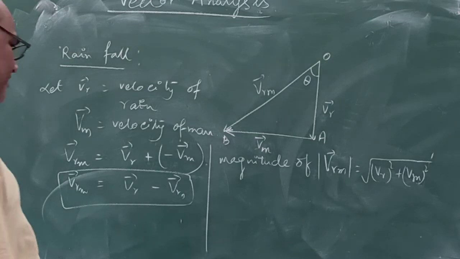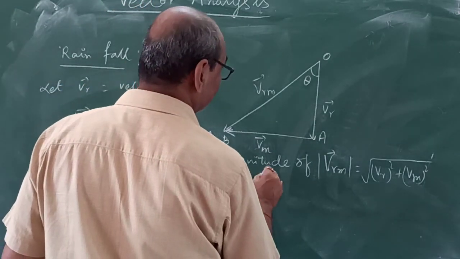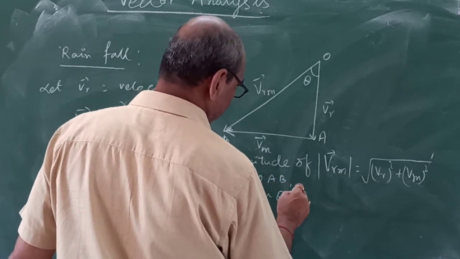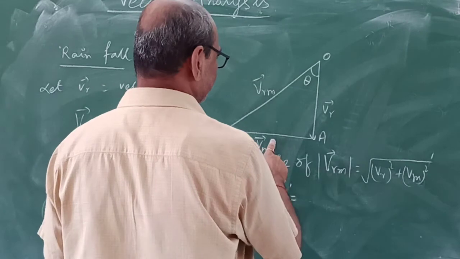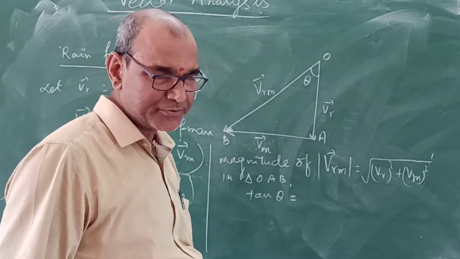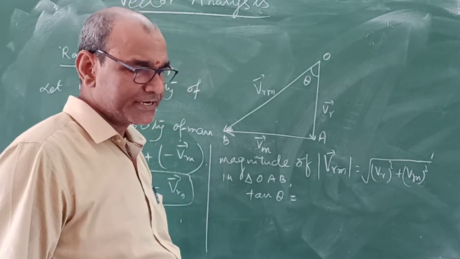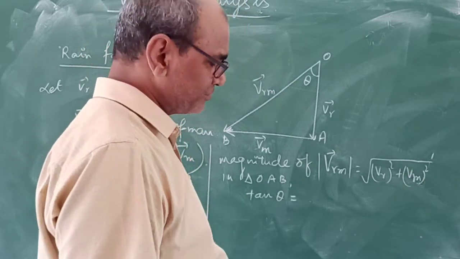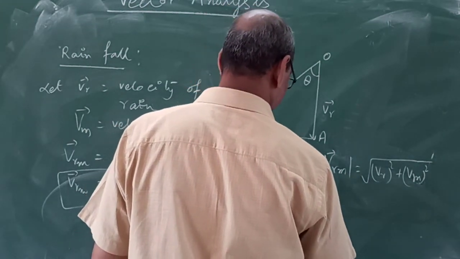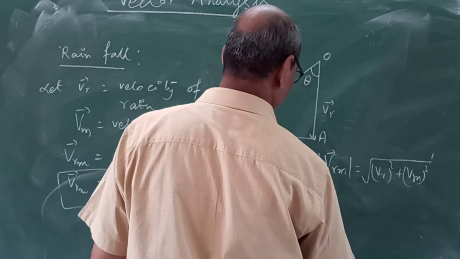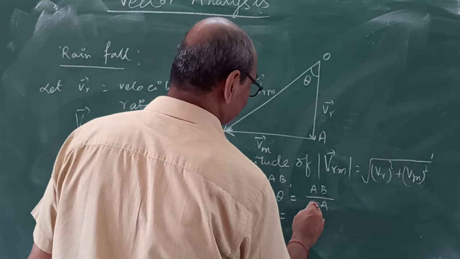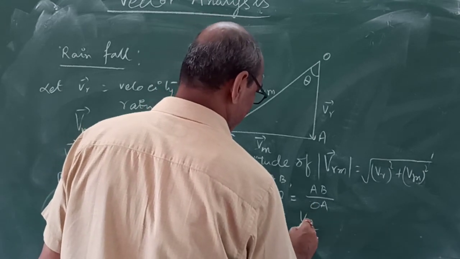Therefore, in triangle OAB, tan theta is equal to perpendicular by base. The perpendicular line is AB, then AB by OA. Therefore, tan theta is equal to AB line, Vm by Vr.